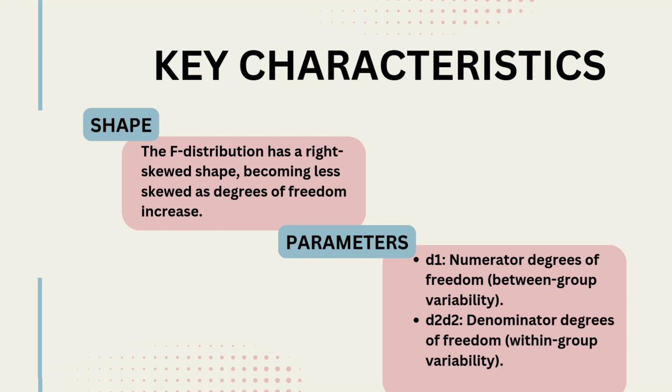First is d1, the numerator degrees of freedom, which reflects the variability between the groups being compared. This is called between-group variability. Next is d2, the denominator degrees of freedom, which represents the variability within each group, known as within-group variability. These parameters make the F distribution essential for calculating the F statistic, which we will cover next.